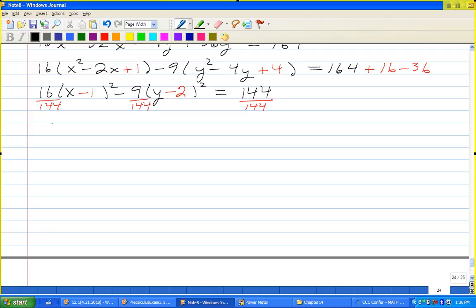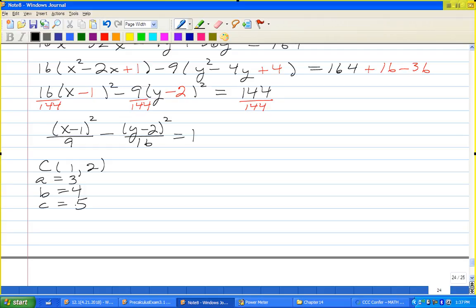So you have (x minus 1) squared over 9, (y minus 2) squared over 16 equals 1. So the center is (1, 2). a is 3. b is 4. 9 plus 16 is 25.